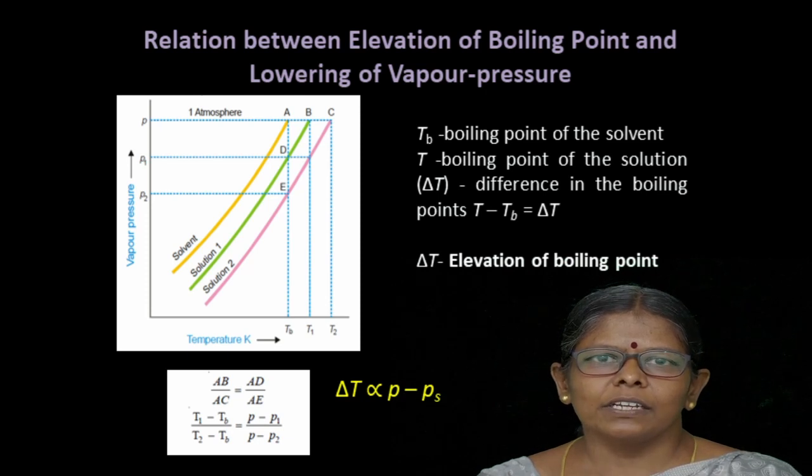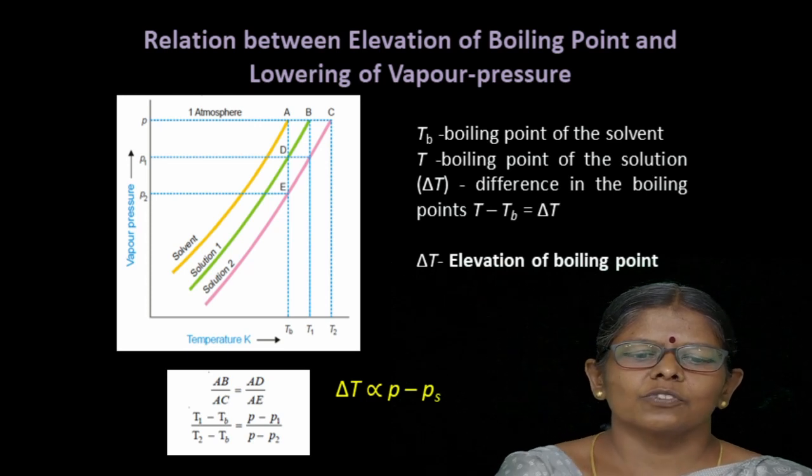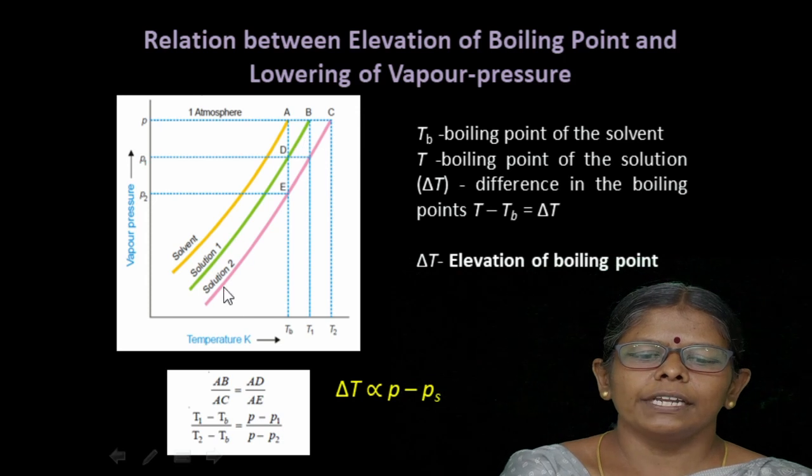Here, whenever a solvent is heated, the vapor pressure goes on increasing. That is, on increasing the temperature, the vapor pressure of the solvent goes on increasing. As soon as the vapor pressure of the solvent reaches the atmospheric pressure, the solvent begins to boil.